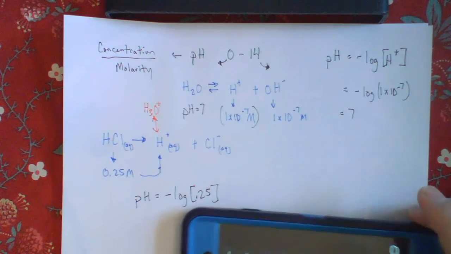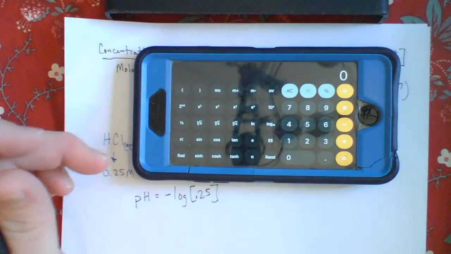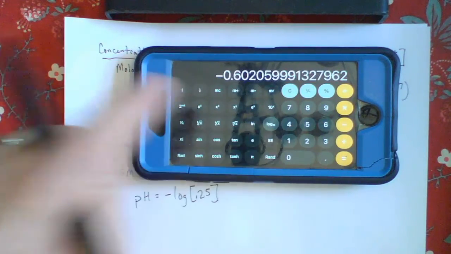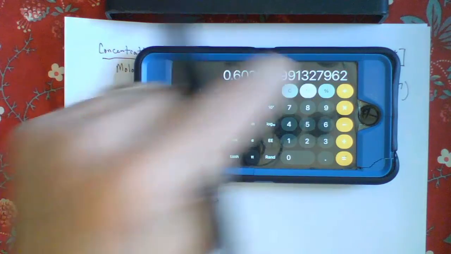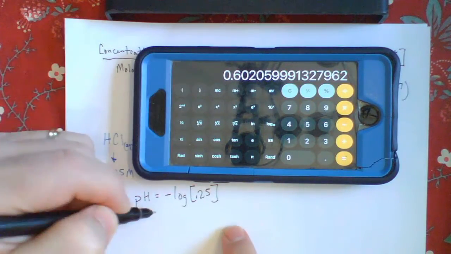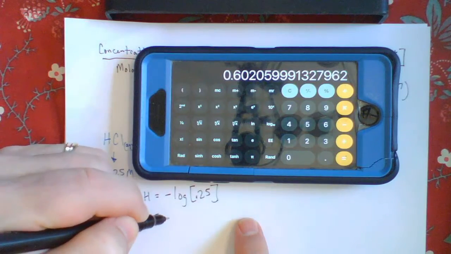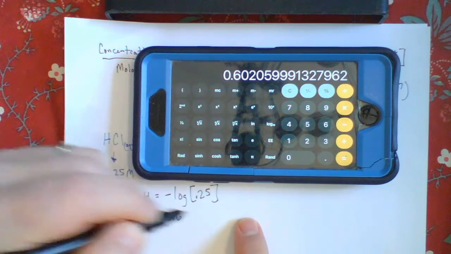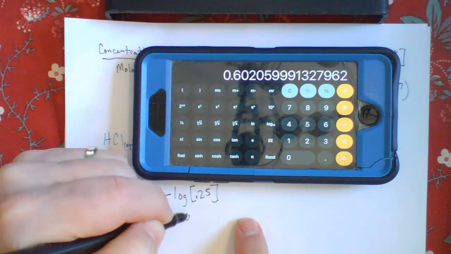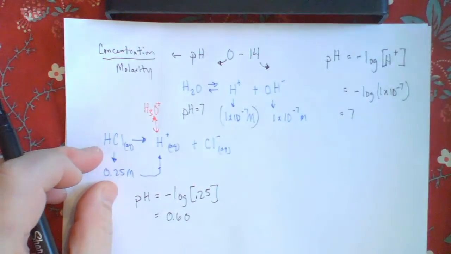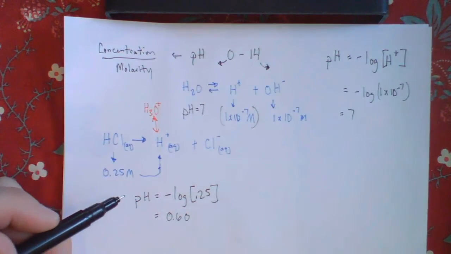We've got our 0.25. We're going to take the log of that and then take the negative of that. And you can see here's one where we ended up with a pH that is pretty low. So 0.60 is our pH, and that's definitely in the range that gives us an acid.